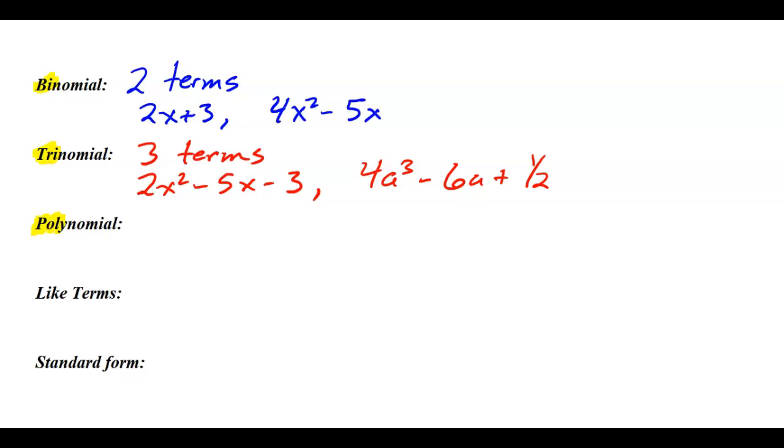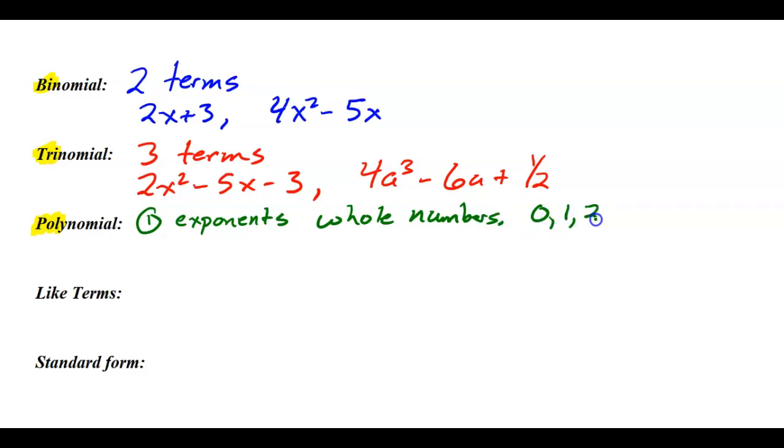Okay, so polynomial has a couple of other rules. So the rules for polynomial: 1, exponents are whole numbers. So 0, 1, 2, 3. 2, no variables in the denominator.